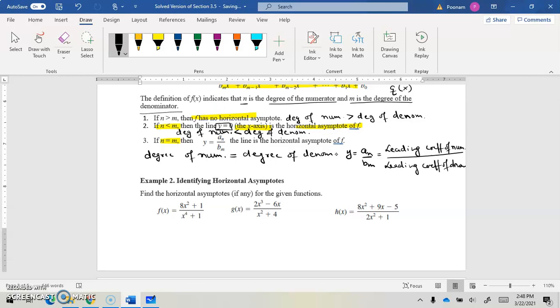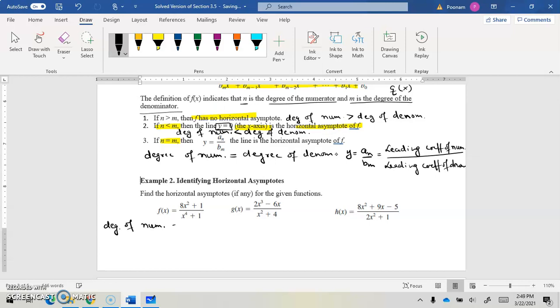Let's try these. We have to find the horizontal asymptotes of the following functions. Let's look at the first one. f of x is equal to 8x squared plus 1 divided by x raised to power 4 plus 1. I have to check the degree of the numerator.